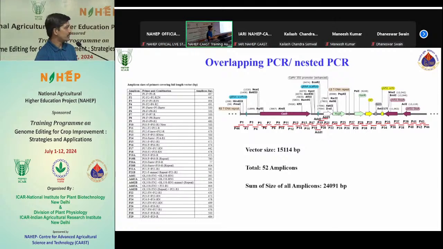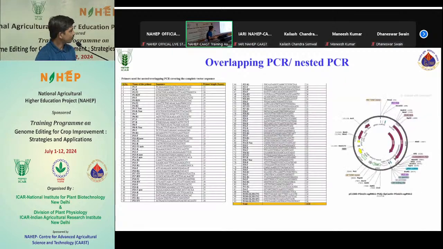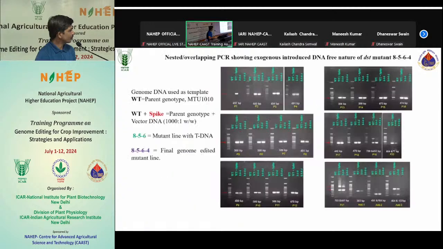Finally, we resolved it and made it again. To check whether it is really due to the repeated sequences or not, we designed some primers again. So that's why I am getting this here.